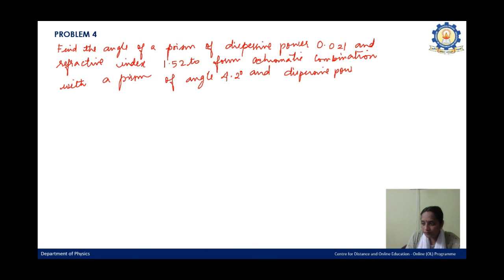Dispersive power 0.045, having refractive index 1.65. Calculate the resulting deviation.